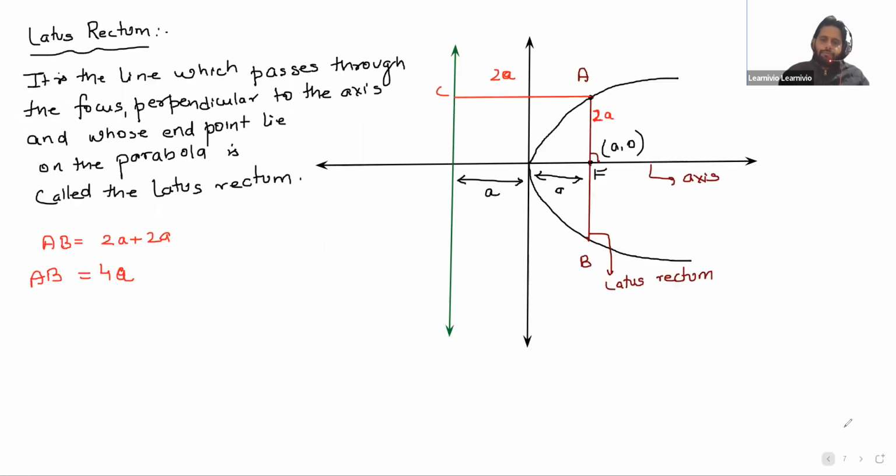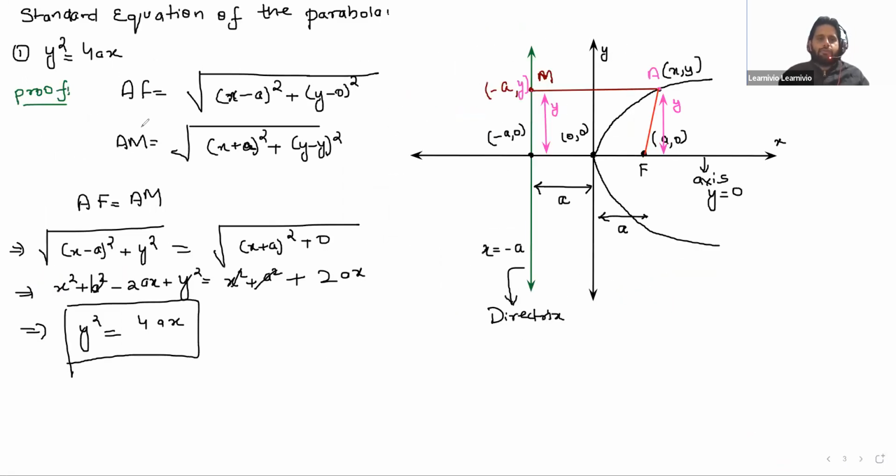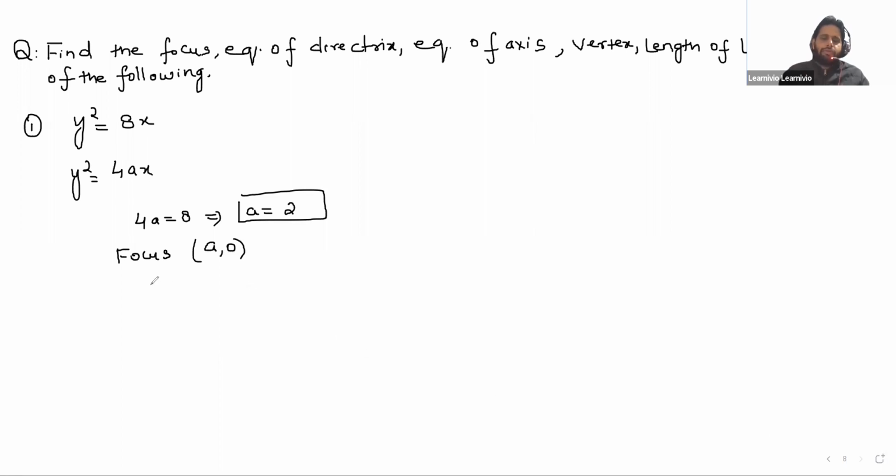This is type first, y squared is equal to 4ax, and the focus here is a comma 0. So in this case, a is 2, so we will get the focus as 2, 0.